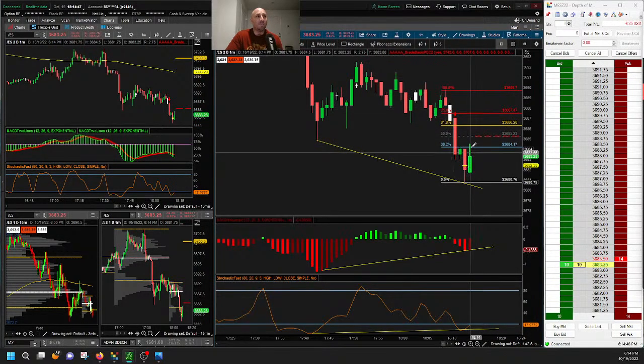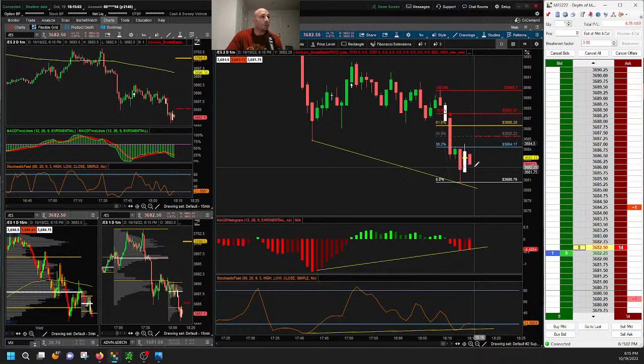Now, does it mean I'm going to get long here? No. Hey, we can. I might try it, maybe on the pullback at this 82 quarter level. So we just got a pullback. I'll use these lows, risk 2 points to make 2 points.